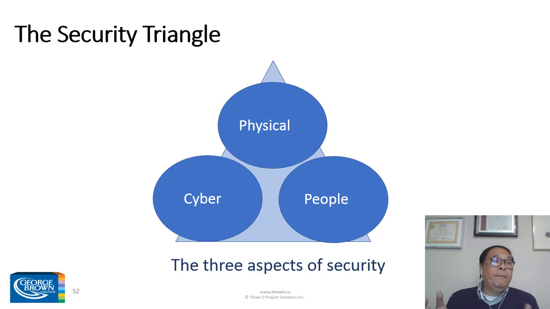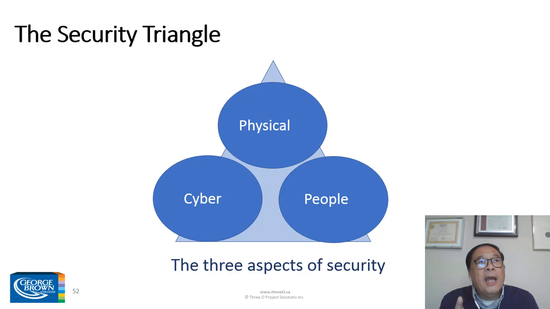Another angle is your people. That means that you may have the best physical security, all these fences, all these cameras, all these biometric controls for people going in the room and so on, and then you have all this network security protecting and 2-3 passwords to get in and so on.